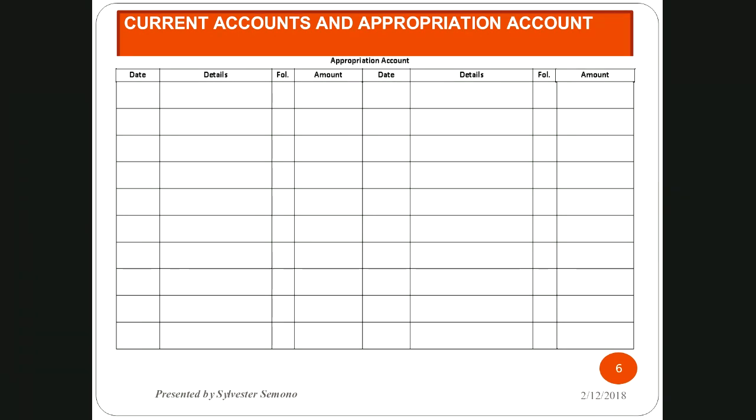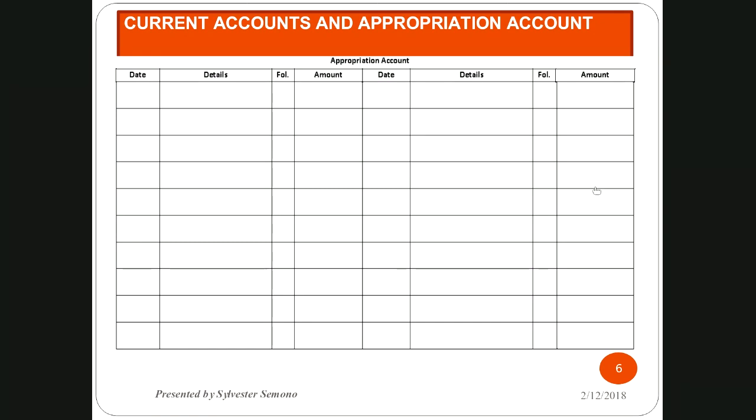Yes, already we have divided that profit, but what if they ask you for an appropriation account? On the credit side it is like the income side of the business, and on the debit side it is like the expenses which the business pays. So whatever is paid to the partners must come to the debit side, and whatever belongs to the business must come to the credit side.